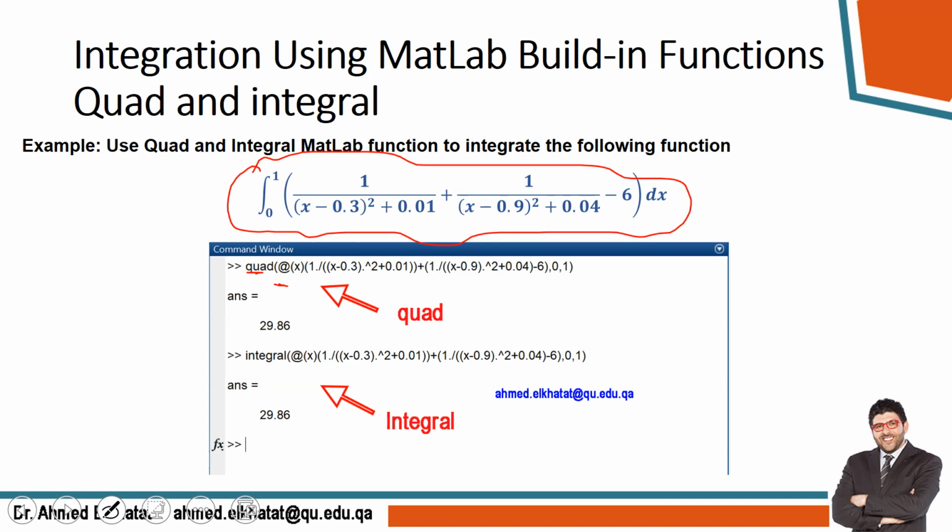Remember, when you write it: 1./((x-0.3).^2+0.01)+1./((x-0.9).^2+0.04). When you divide, multiply, or use a power, you have to put a dot. Then the parameters a and b are 0 and 1.